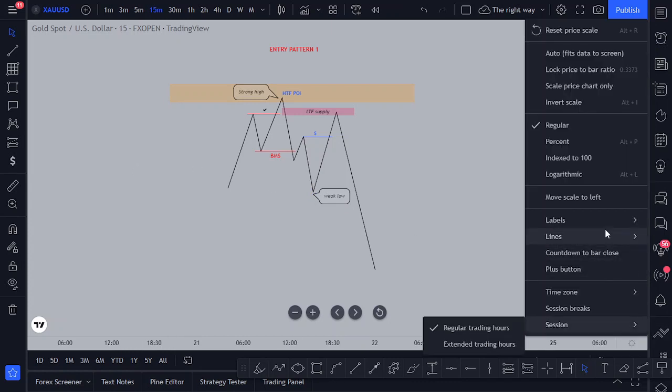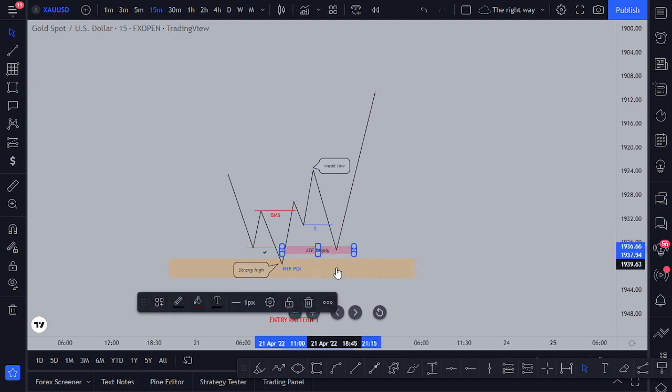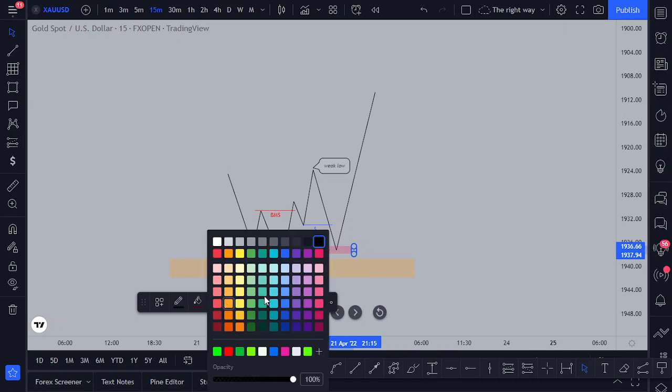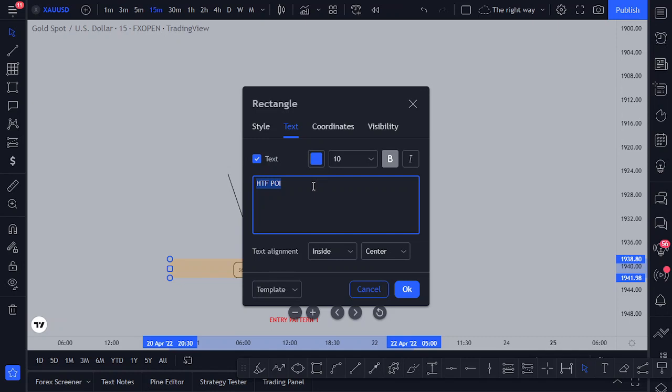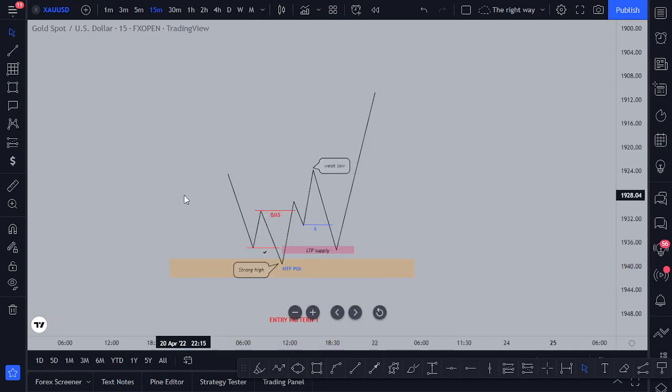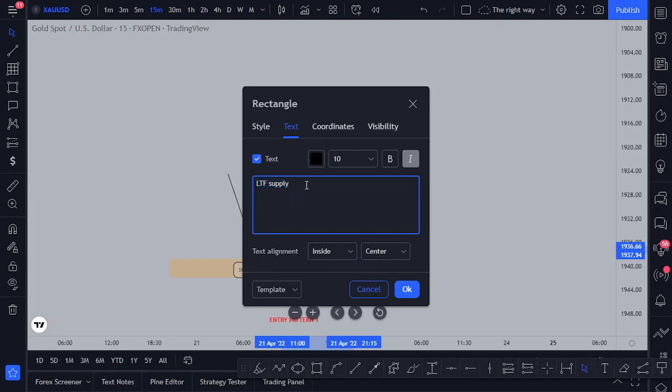Now for the buys, I'll just invert the scale. Now this one will be the higher time frame demand. Oh, sorry, this one. Demand. The opposite of supply is demand.